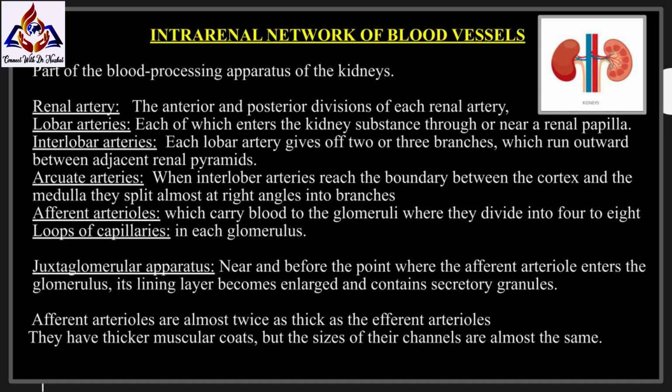These vessels run toward the apexes of the pyramids in close contact with the loop of Henle. Like the tubules, they make hairpin bends, retrace their path, and empty into arcuate veins that parallel the arcuate arteries.